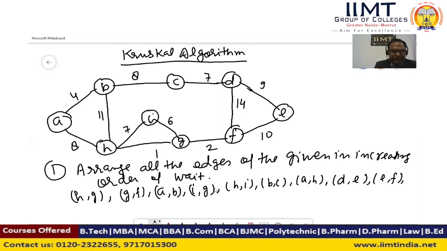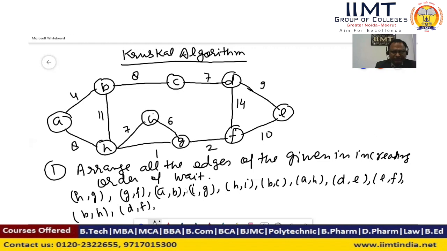Then 11, we have b comma h. Next 12, is there any weight? No. 13, no. 14, yes, d comma f. And I think all is done.